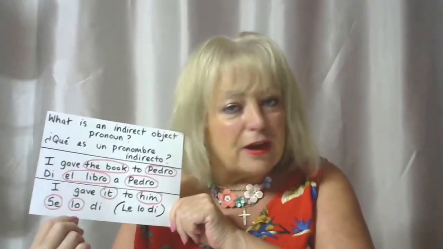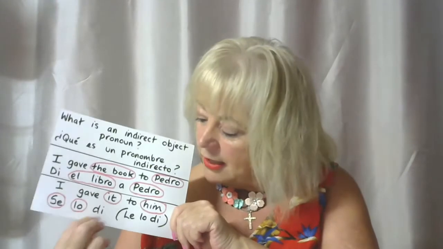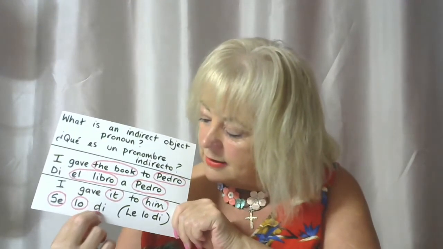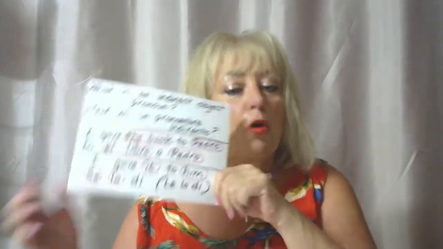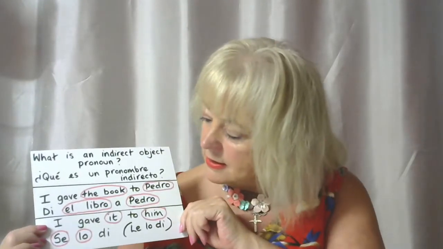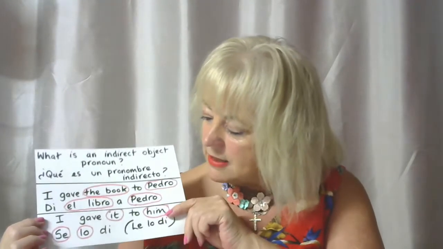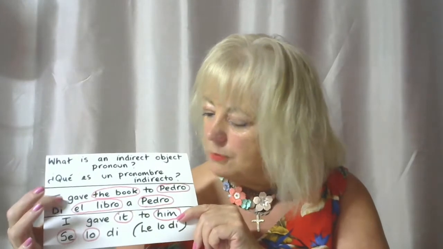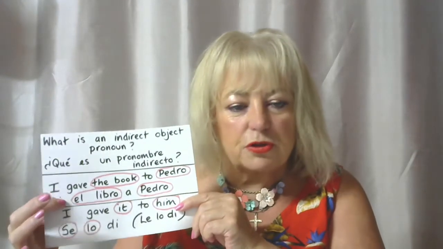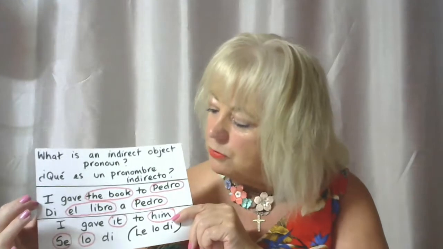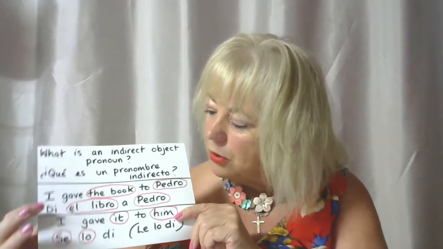So it's very important. Pronouns are so important. And my recommendation always, whenever you're trying to translate into Spanish or think of how to put a sentence together, go to the verb first, sort your verb out. So if you were translating "I gave the book to Pedro", first of all, identify your verb.